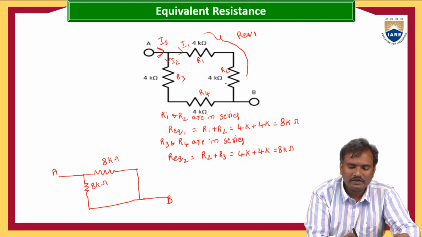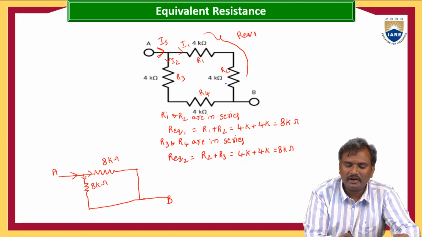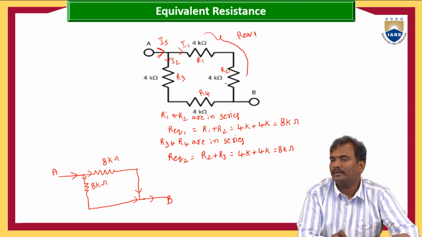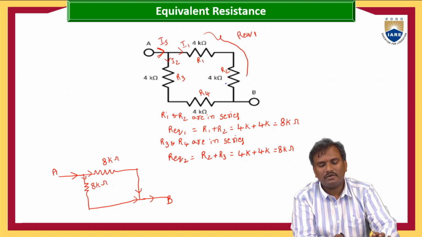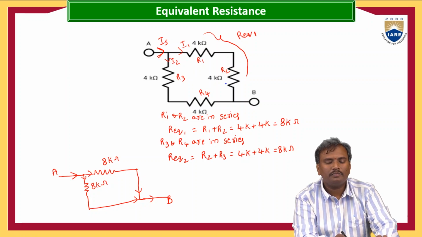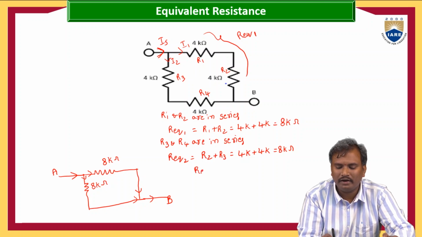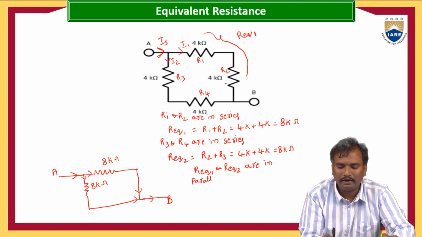From this, if you see, the current entering is dividing into 2 and the same current is leaving. So we can say that 8 kilo ohms and 8 kilo ohms are in parallel, R equivalent 1 and R equivalent 2 are in parallel.